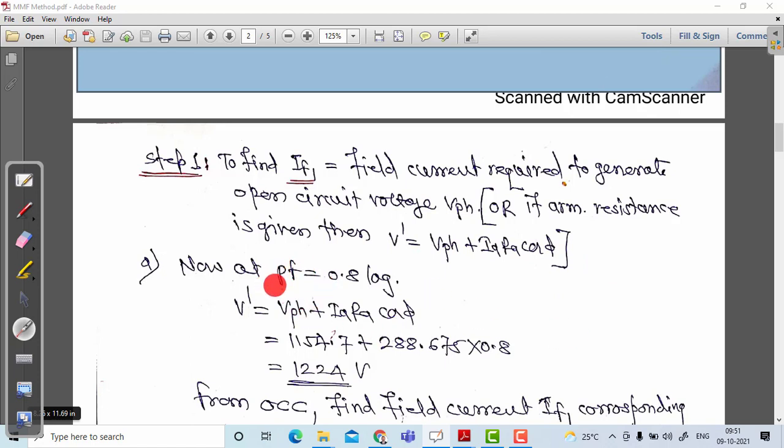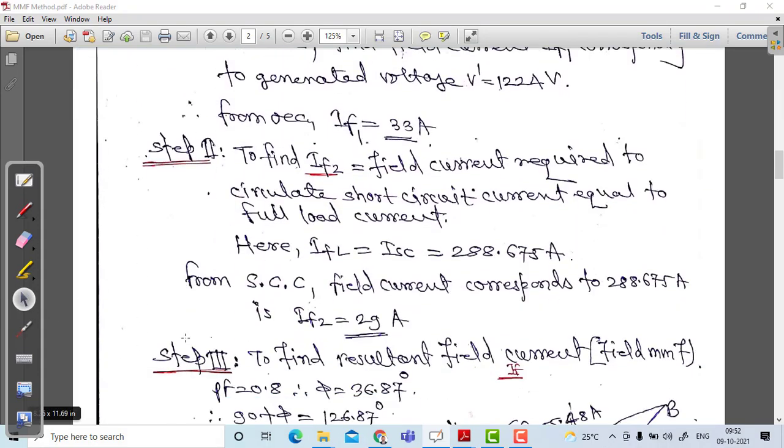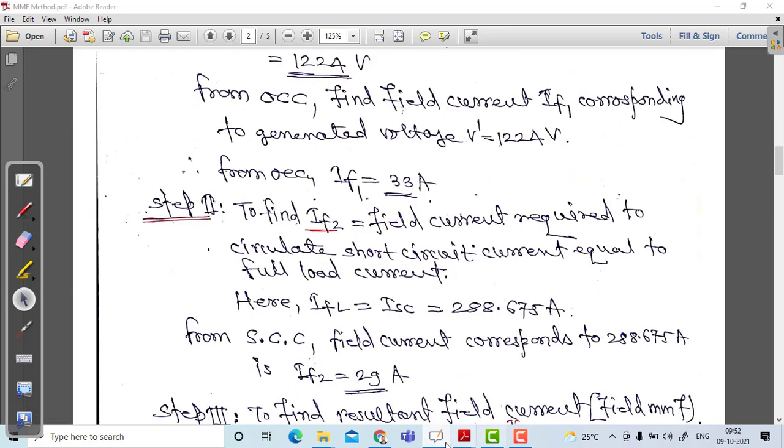Accordingly, now here the power factor is 0.8 lagging, and therefore V dash equals Vph plus I Ra cos phi. So it is found that the answer is 1224 volt. Now from the OCC curve, find the field current If1 corresponding to this generated voltage, that is 1224. Now let us turn to the graph.